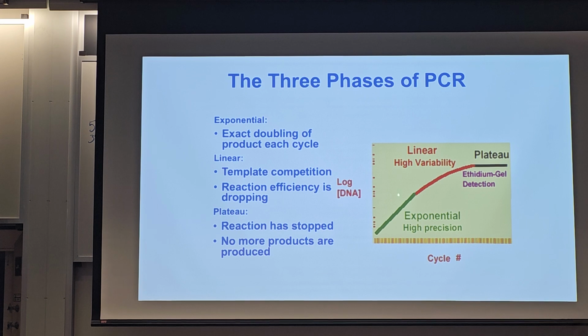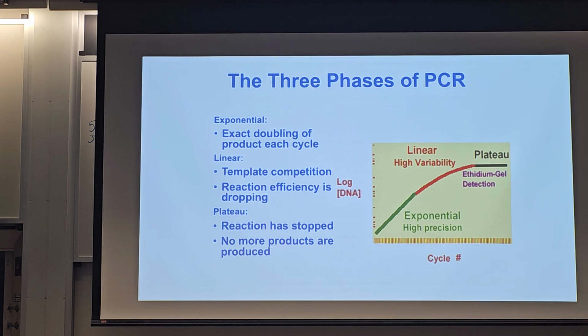Now, why does a PCR reaction become less efficient eventually, and why does it finally plateau? It's not because you're running out of reagents. It's not because the enzyme is pooping out after 20 cycles or so. It's because you're generating so much product that as you start doing the PCR, say it's cycle 15 or whatever, you're denaturing your product to then hybridize primers.